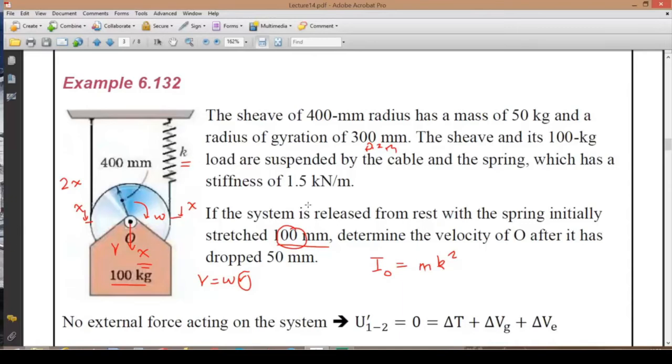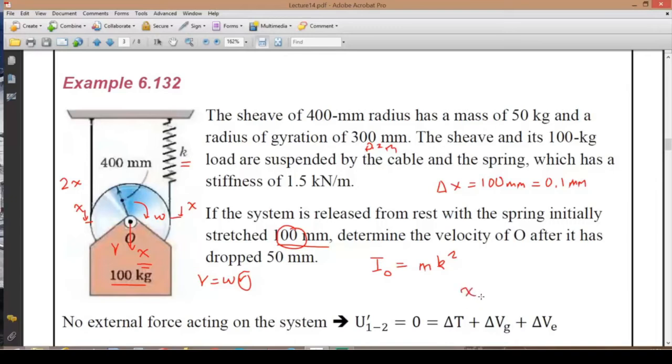That means the spring is further stretched by 2 times 50. So delta X here will be 100 millimeters, or just 0.1 meters. But in terms of calculating the energy stored in a spring, remember that we use the initial energy and then the final energy.